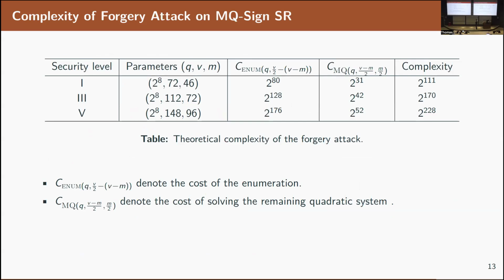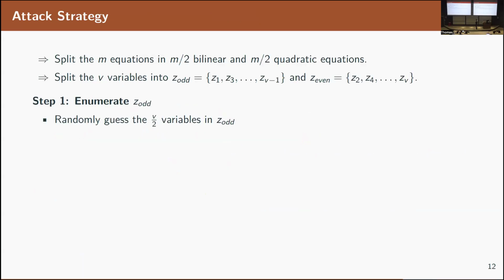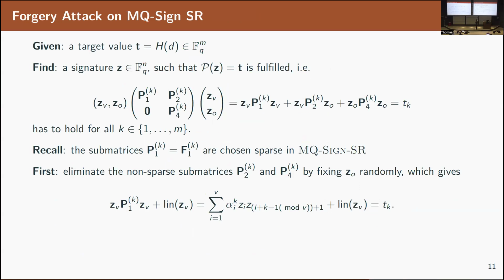Yes. I don't know if that is what you mean, but we stopped at the step where we were only left with the sparse parts. So after we eliminated these non-sparse submatrices, we tried to solve them directly with a system solving algorithm like XL or F4, but it was not that efficient.